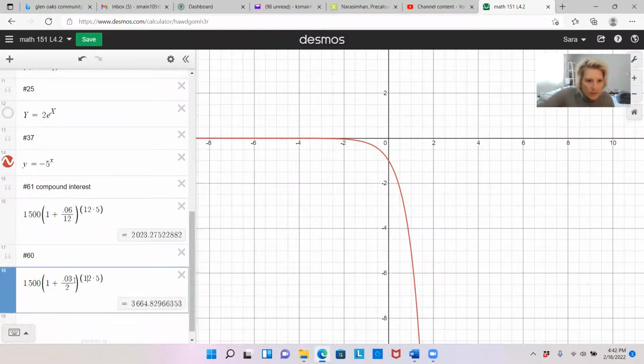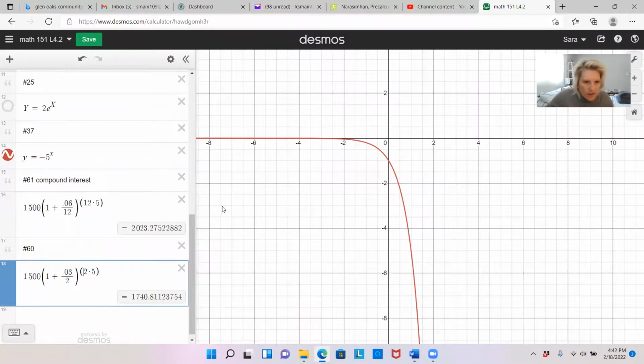And we have to fix that in the exponent as well. So yeah, look at only $1,740.81. Not quite as good of a deal.